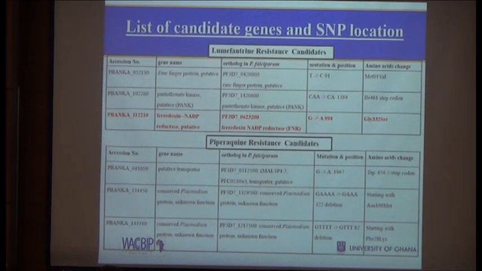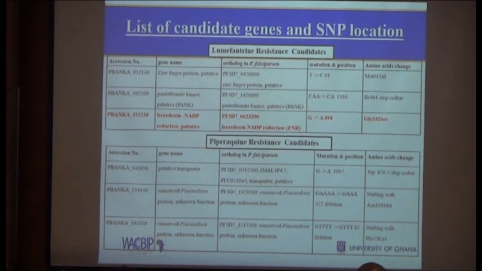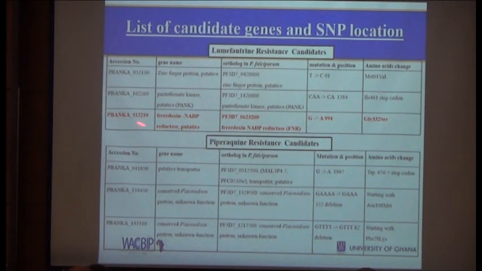The reason is we looked at either proteins or enzymes that could be associated with metabolism or transport of the drug, or other conserved proteins with interesting mutations that we thought would be candidates for resistance. For lumefantrine, we narrowed down on these 3, and for piperaquine, we narrowed down on these 3.